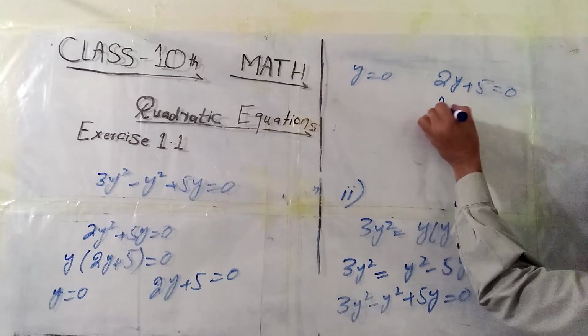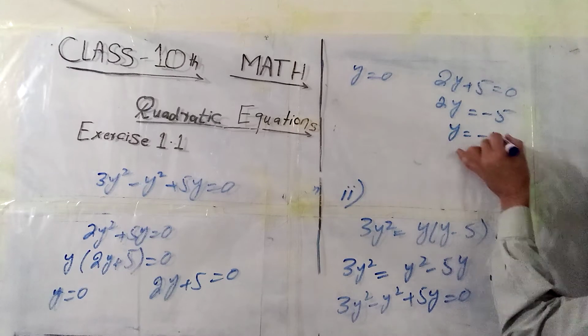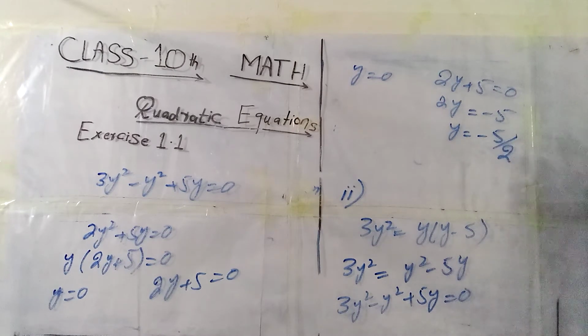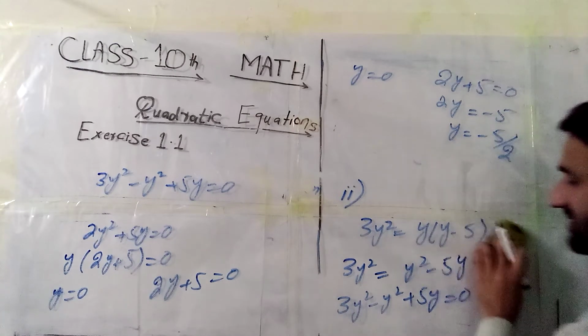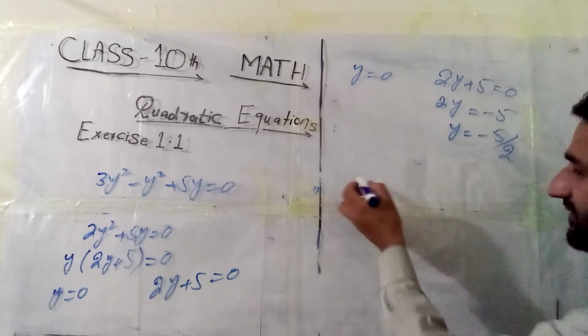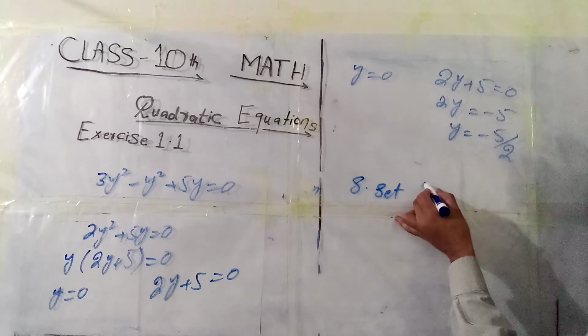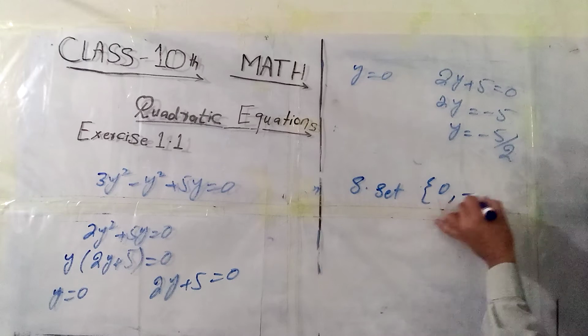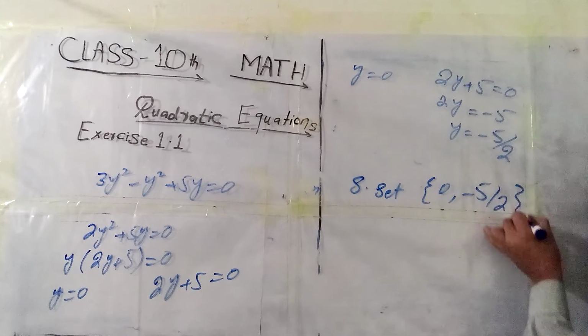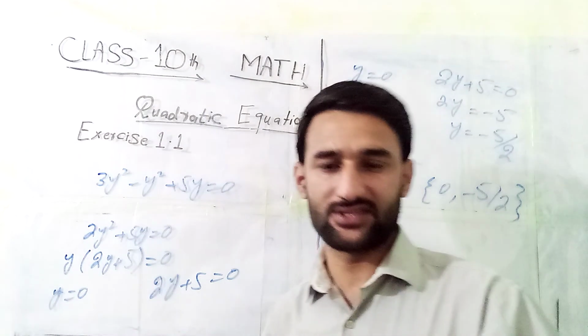Try to solve this. Here 2y is equal to negative 5, and y is equal to negative 5 by 2. So we can write this solution in standard form. The solution set is 0 and minus 5 divided by 2.